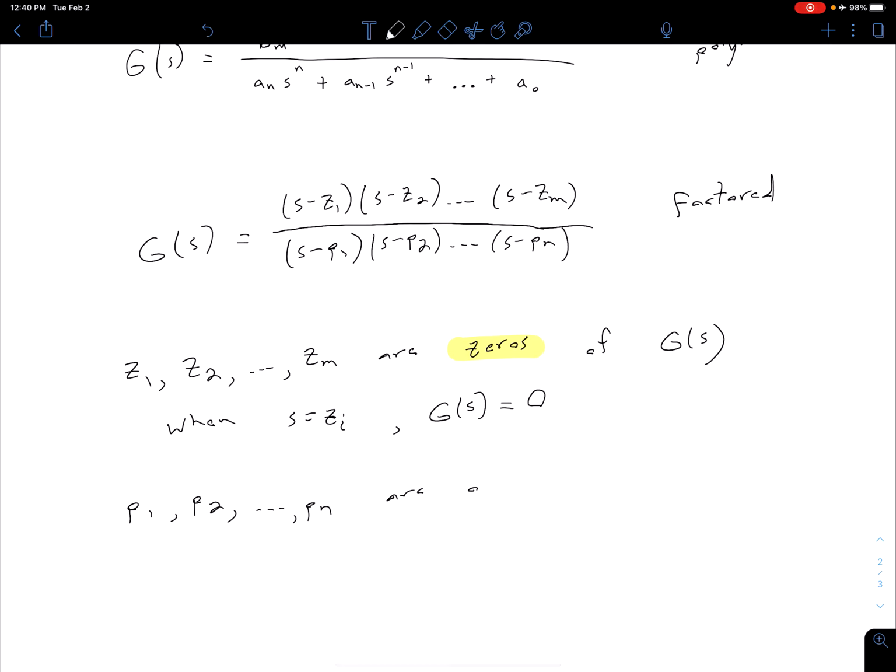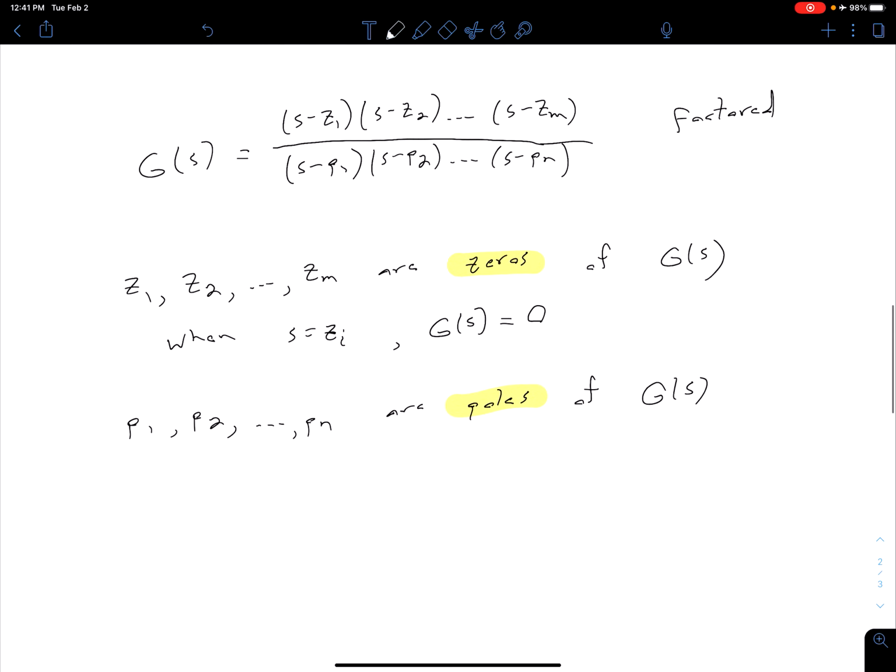These are the poles of G of s. Again, that's important terminology. With our poles, whenever s is equal to a pole value, so when s is equal to p sub i, our transfer function is something divided by 0, so that means our transfer function is infinite.